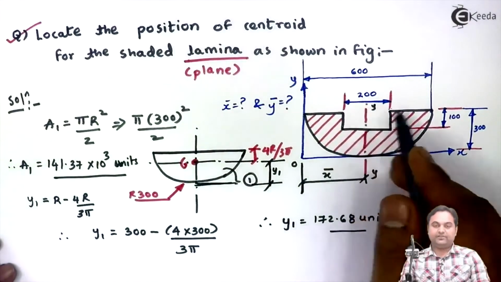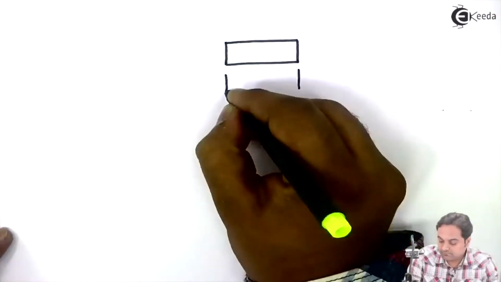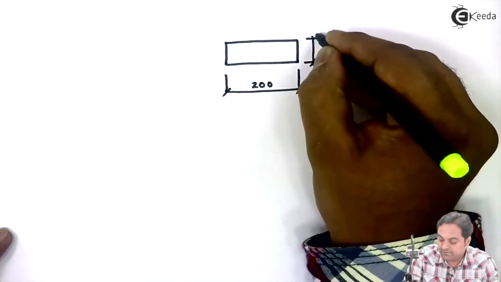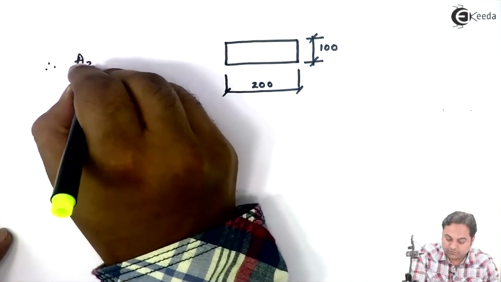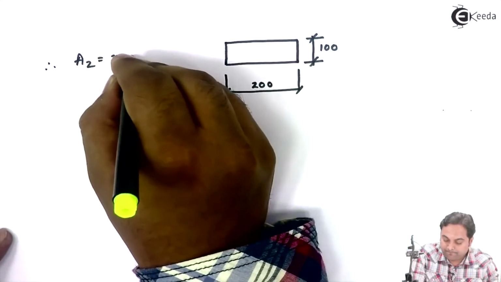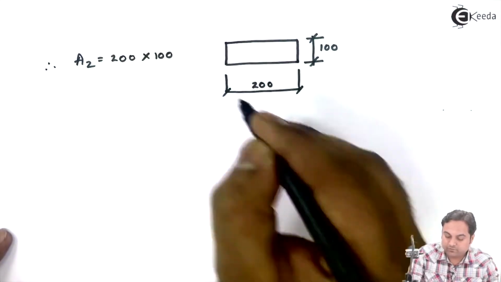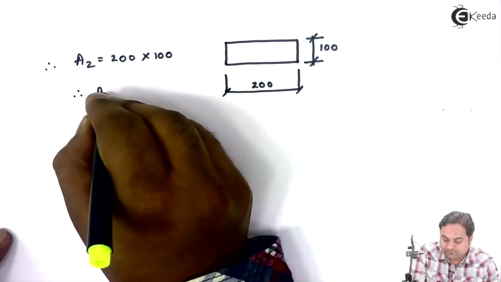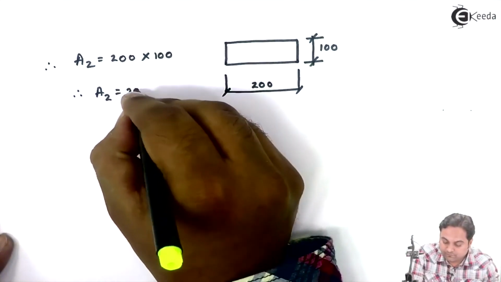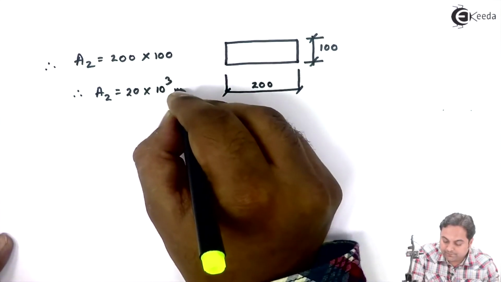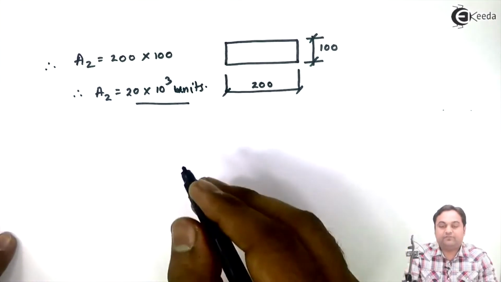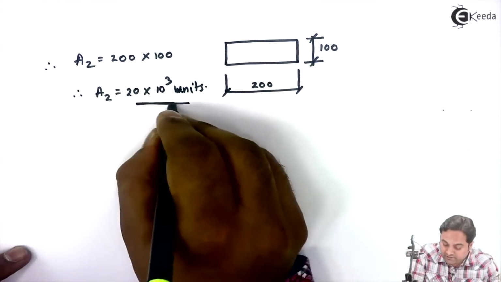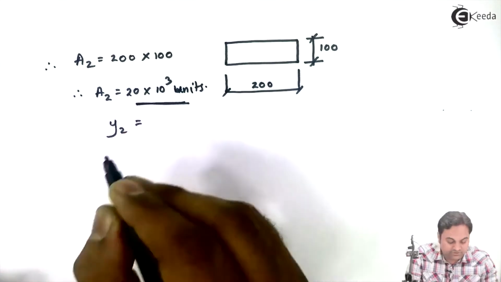Next, I'll take the second figure, that is the rectangle. It is 200 by 100. So therefore, area 2 is equal to 200 into 100, 20 into 10 raised to 3 units. After getting A2, now I will get Y2.